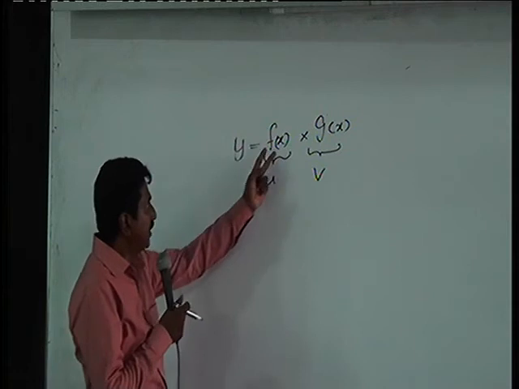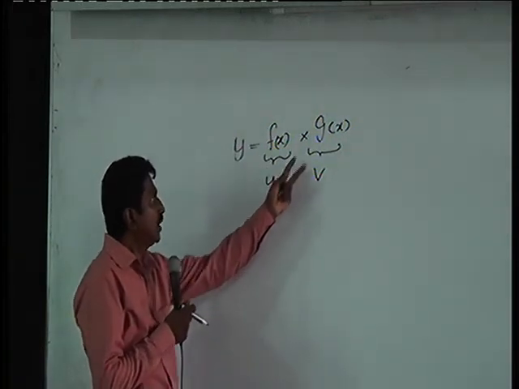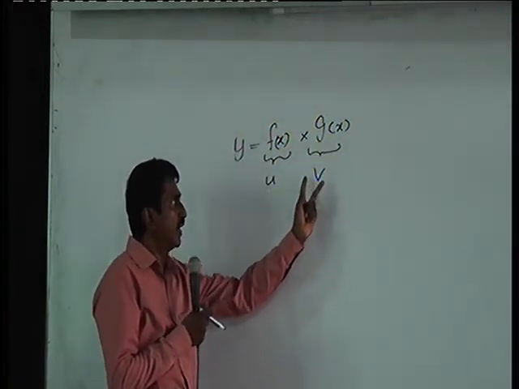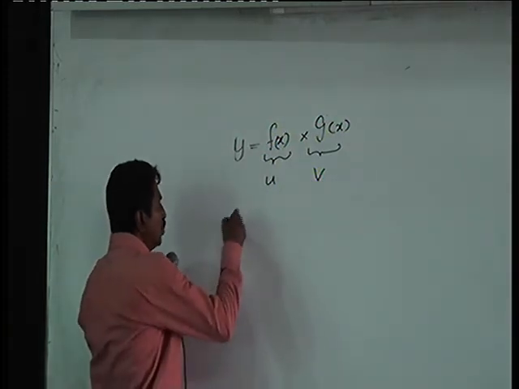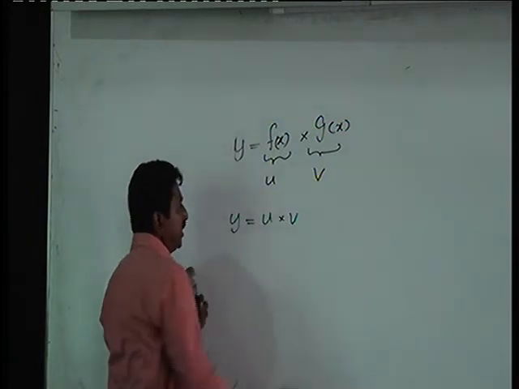Rather than writing fx, I would prefer to write u. Rather than writing gx, I would like to write v. So we have y equal to uv, u into v, multiplication.